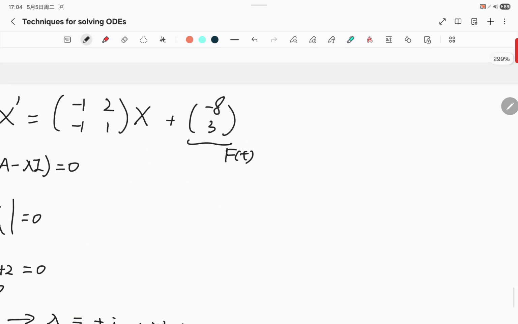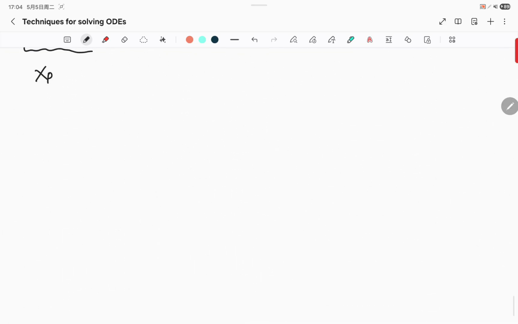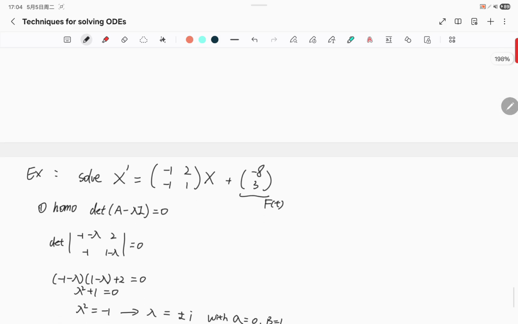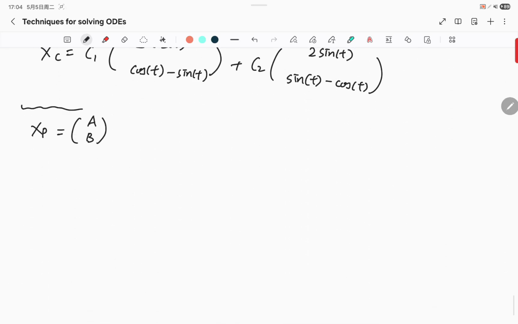We see that there are only numbers there, so it's going to be a and b. Simple as that. And we need to find x prime so that we can write into this format. We just find x to be (a, b), and we need x prime, which is (0, 0).